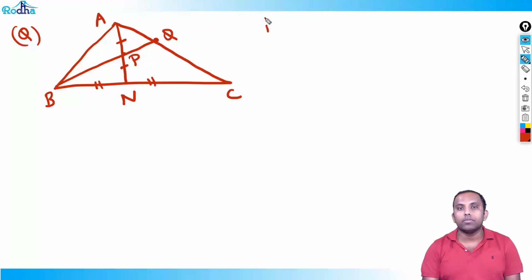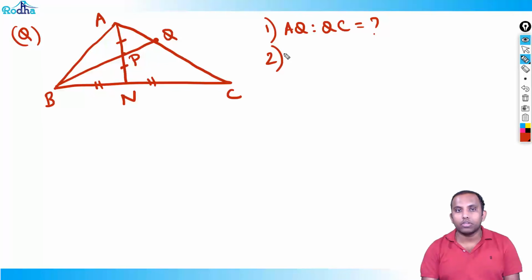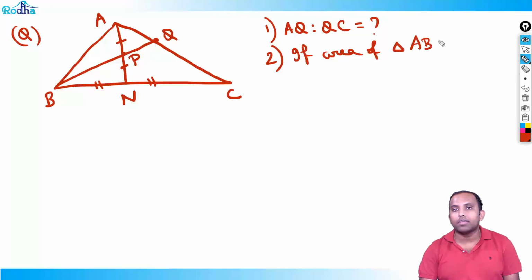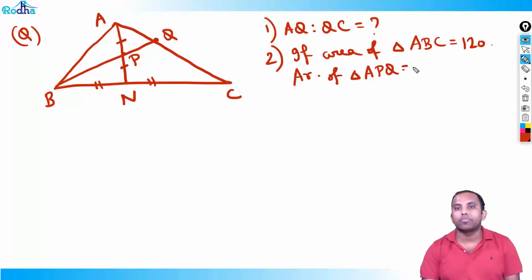So the first question here: what is the ratio of AQ to QC? Second question: if the area of triangle ABC is equal to 120, then what is the area of triangle APQ?